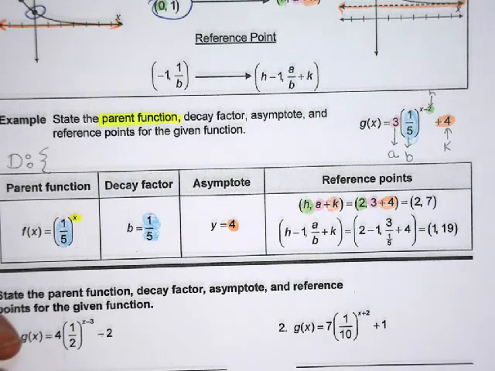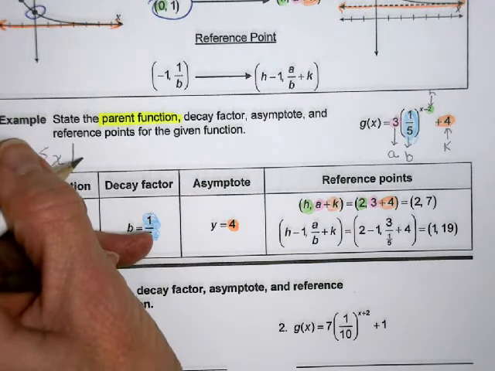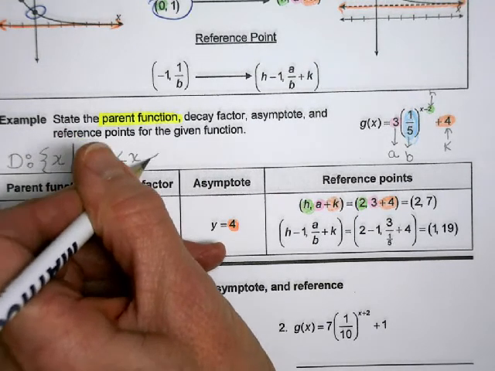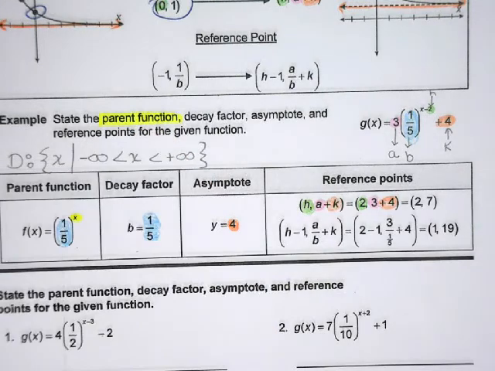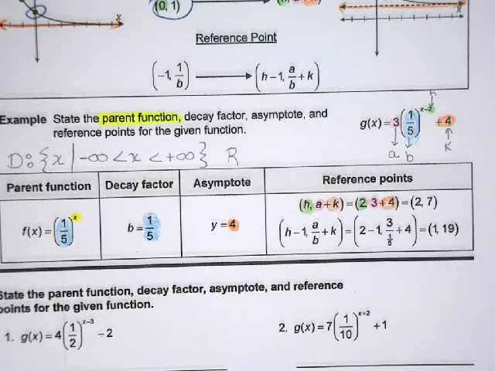So for our domain, in all of our homeworks and our assessments and our experiences with exponential functions, it is the set of all x, because those are the input values. Negative infinity is less than x, which is less than positive infinity. That does not change, no matter what's being transformed about the parent function, unless there's like a story that I only want positive x's or whatever. Then it's all real numbers.